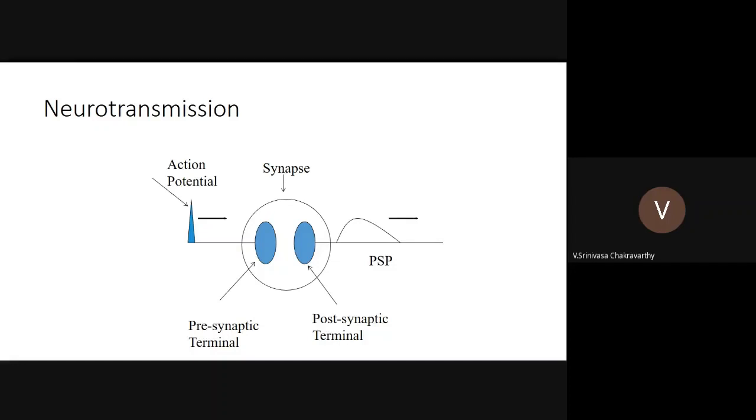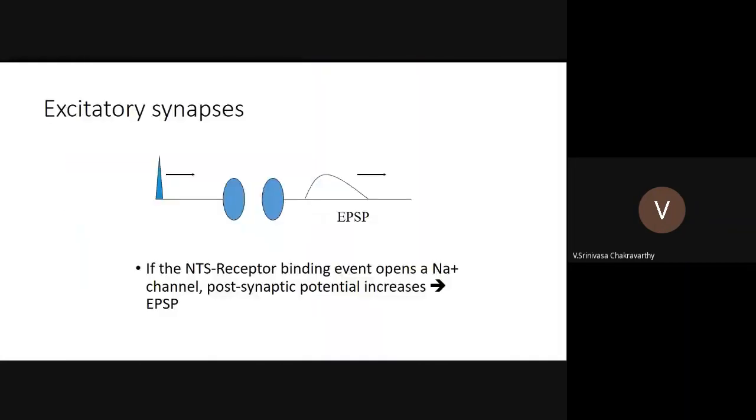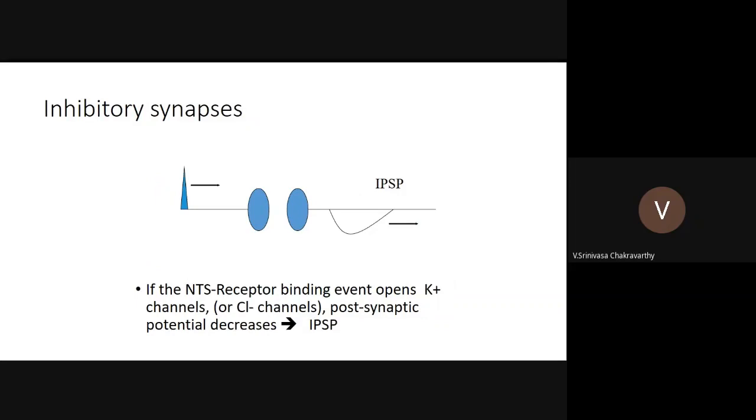At the presynaptic site, there's a chemical transmission of neurotransmitter, which arrives at the postsynaptic site, acts on a receptor, and produces a postsynaptic potential. This potential can be positive or negative, right? If it is positive, we call it an excitatory synapse, and the resulting voltage is called an excitatory postsynaptic potential. If it is negative, that occurs at an inhibitory synapse, and the resulting voltage is an inhibitory postsynaptic potential.